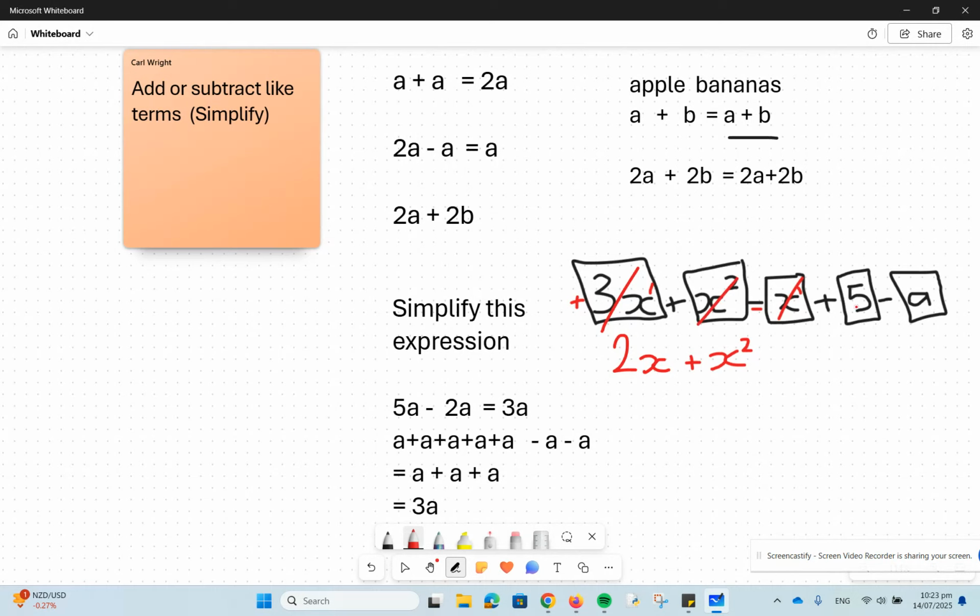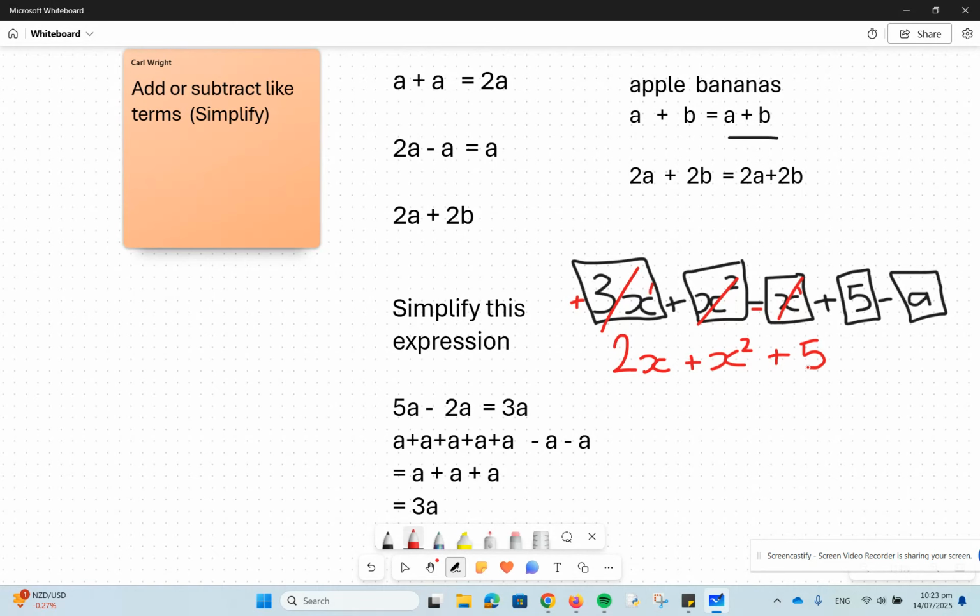Right, I've got a 5 there. Is there anything else that's a number by itself that I can maybe add or subtract? Another one where it's a number by itself? No. So it ends up being just 5.